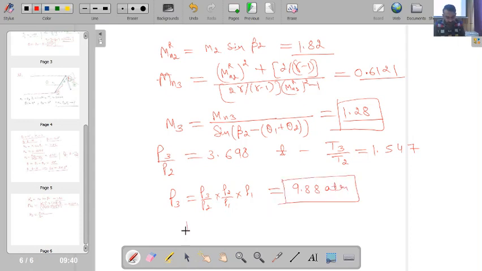Okay, and similarly if you calculate T3, it comes out to be 631.6 Kelvin. Okay, is this point clear?